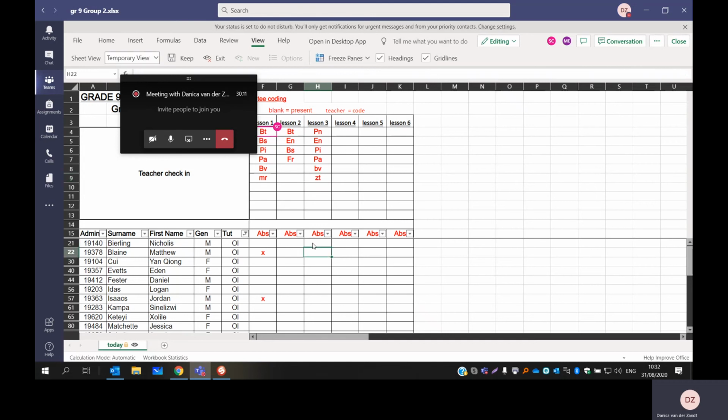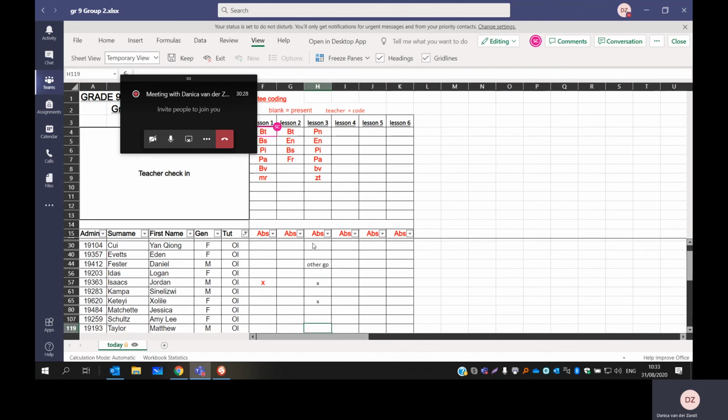Nicholas is here, Matthew's absent, Christina's here, Eden's here, Daniel's in the other group. Logan's here, Jordan's absent, Sinalizu's here, Olile absent, Jessica's here, Amy's here, Matthew's here.